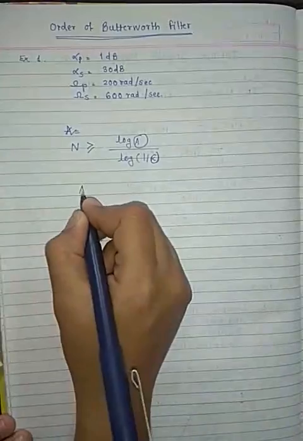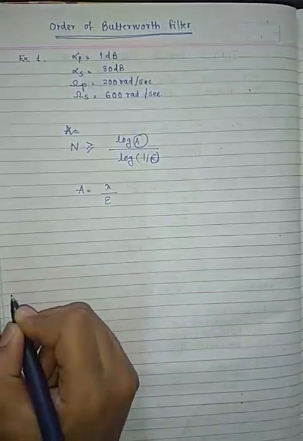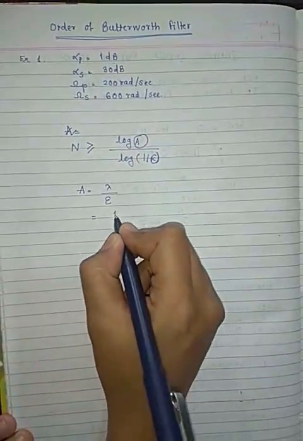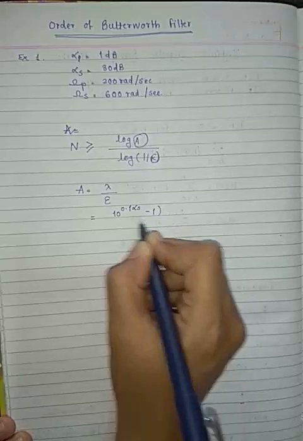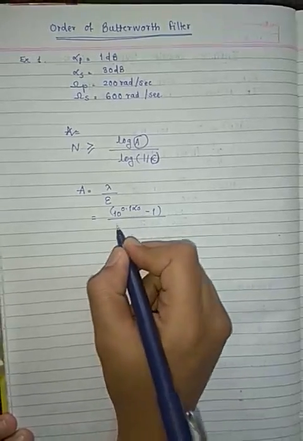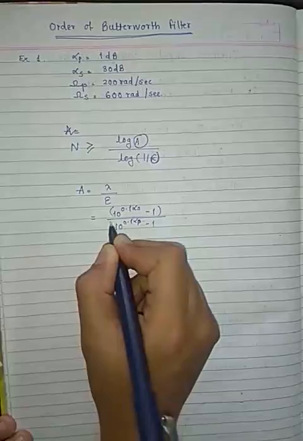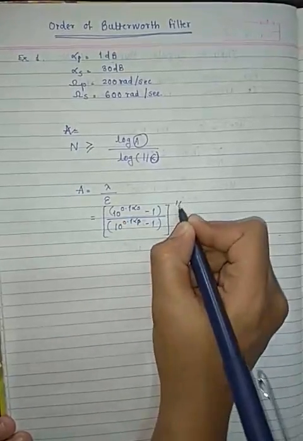So what is A? A is equal to lambda divided by epsilon. Substitute the values here. Lambda is 10 raised to 0.1 alpha s minus 1, divided by 10 raised to 0.1 alpha p minus 1, the whole raised to 1/2.